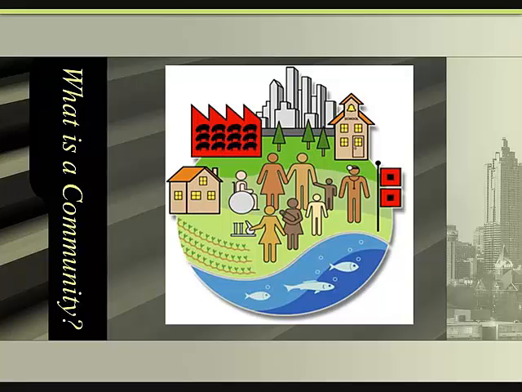You could have a community of political jurisdiction, and this is a group that comes together for a political issue within the community, whether it be regional, national, or local, and it brings people together for a common purpose.